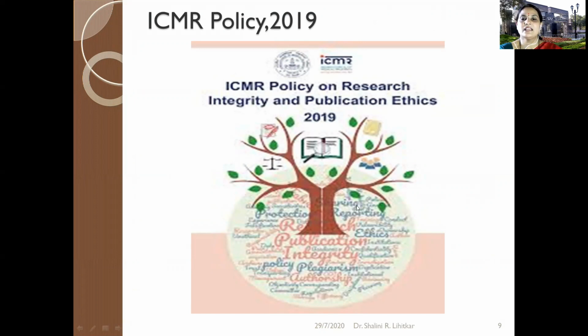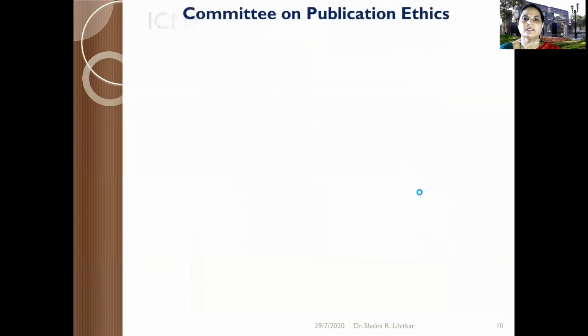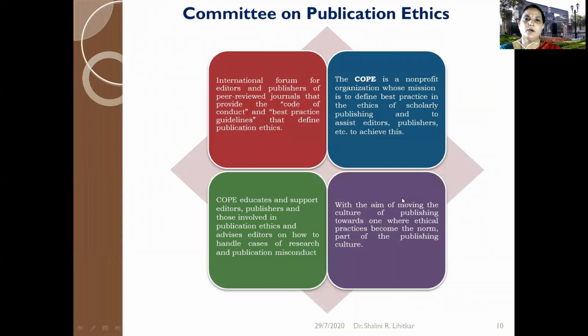And even UGC has given the academic research integrity and prevention of plagiarism regulations. That is actually a law, but we can use it for our research purpose. So let us see about the Committee on Publication Ethics.